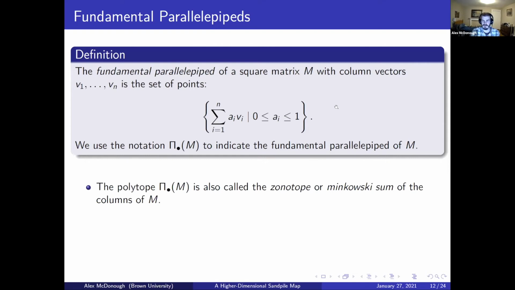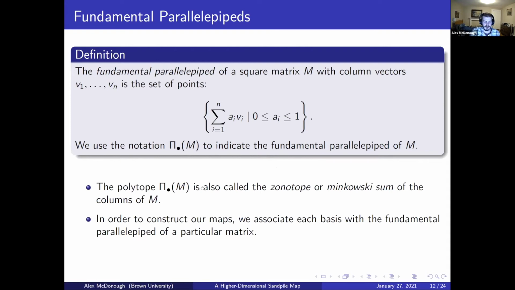Some people say parallelepipeds are only for 3 dimensions and parallelotopes are for more dimensions, but I've seen it both ways. We're going to write this polytope as pi bullet m. So this is the fundamental parallelepiped.